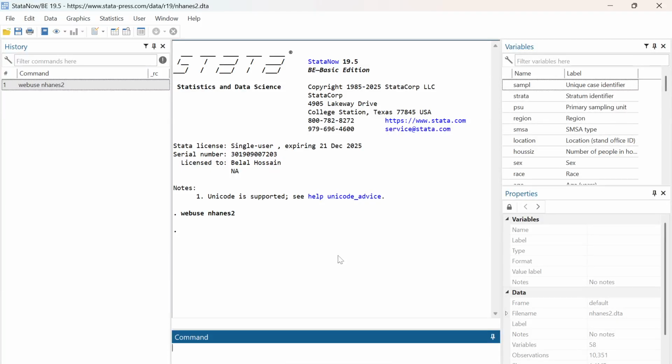In this tutorial, I'm going to demonstrate how to produce a one sample t-test in Stata. In order to do that, I'm going to use a variable called BP systole, which is systolic blood pressure. I'm going to compare the average systolic blood pressure of the sample in my data set with a specific number, which is 120.